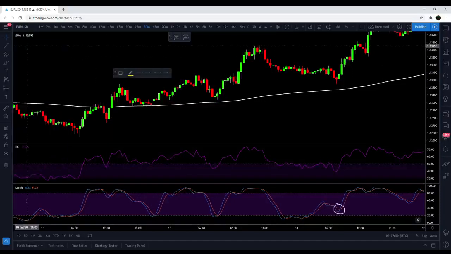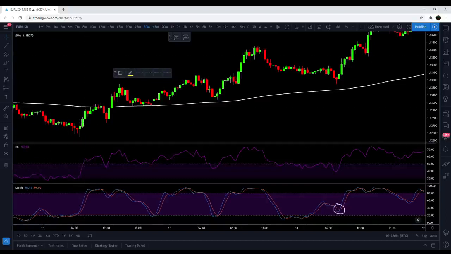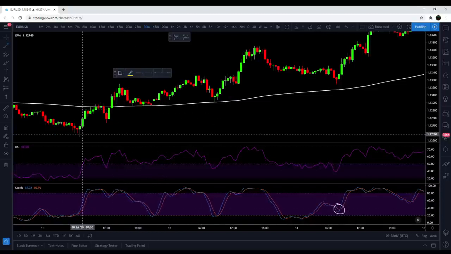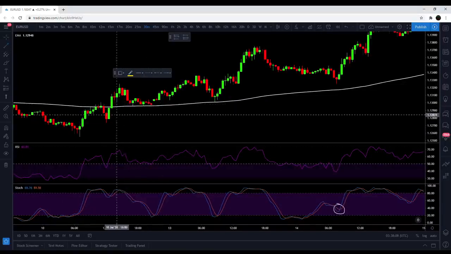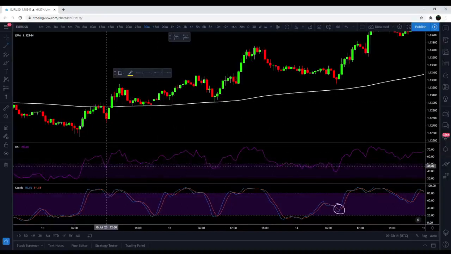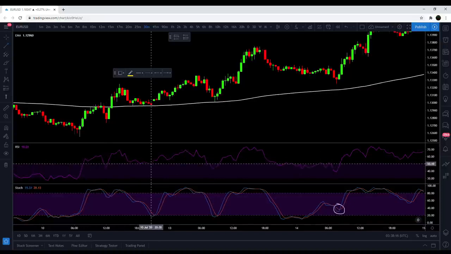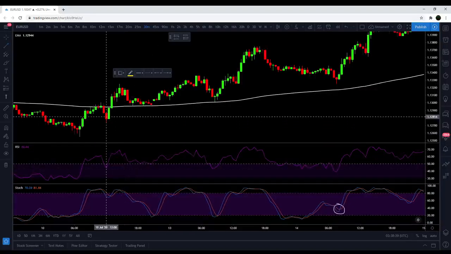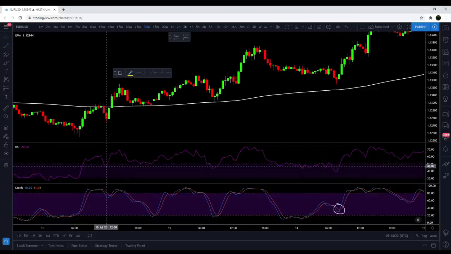First, we're going to spot some hidden divergence before we can ever think about taking any entry with the stochastics. So let's look. We have higher lows on price. So we're going to be comparing the lows on the RSI to see if we get any hidden divergence. Low here makes this low.